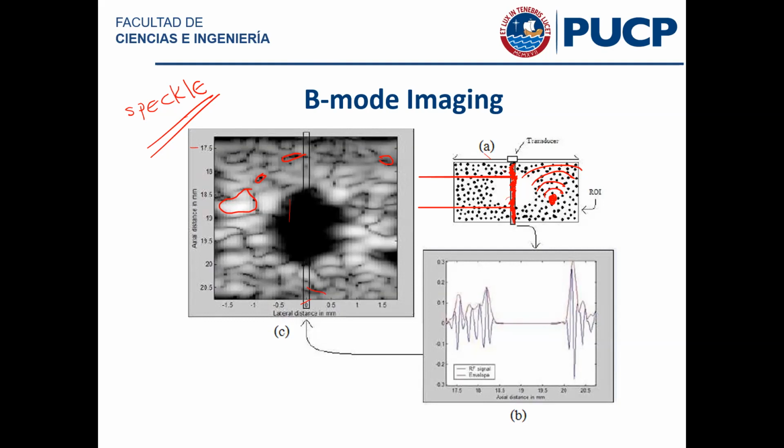And of course, the speckle pattern will change depending on the wavelength, on which structures are small compared to that wavelength or not. So even that is frequency dependent too. Do we have any other questions?